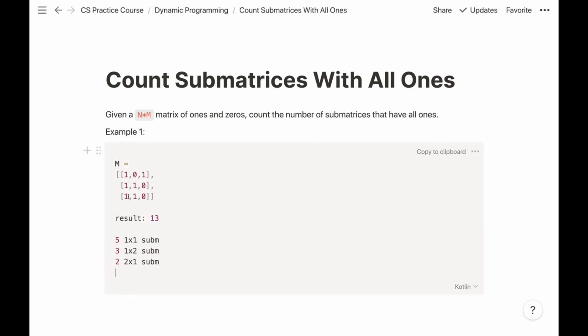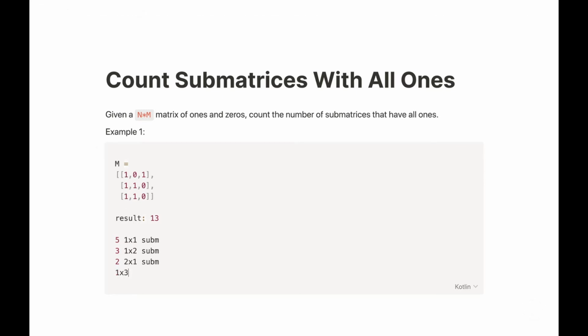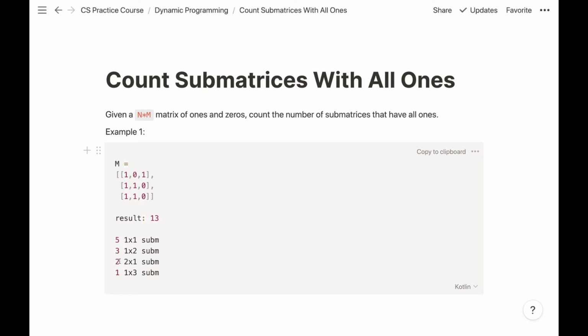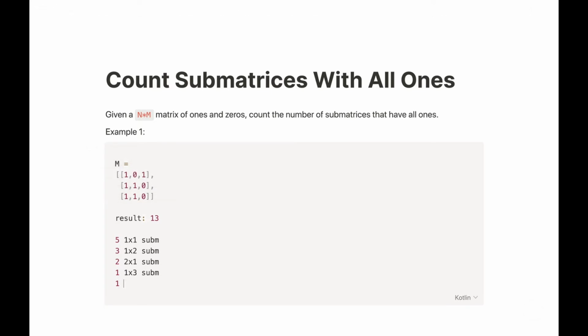And then we have 1 by 3 submatrices, and we have only one of those. And what else do we have? We have this square here, 2 by 2, so 1 2 by 2 as well.